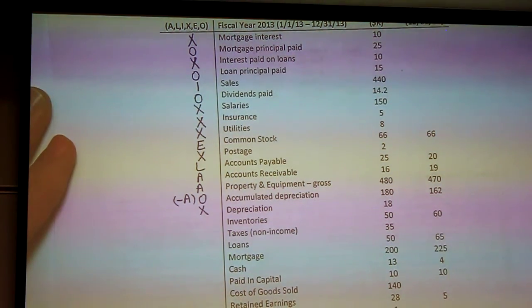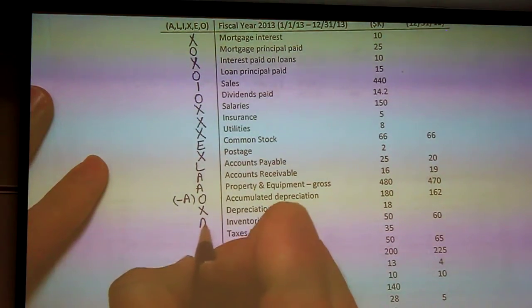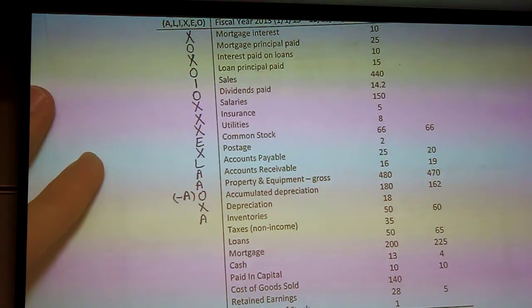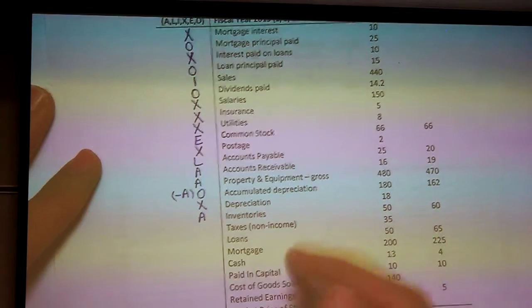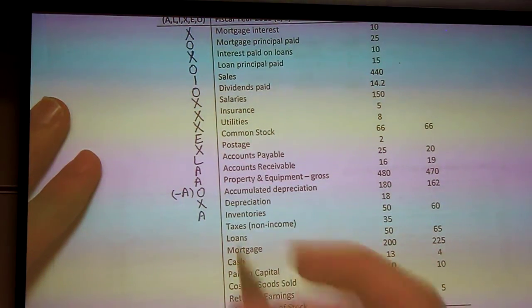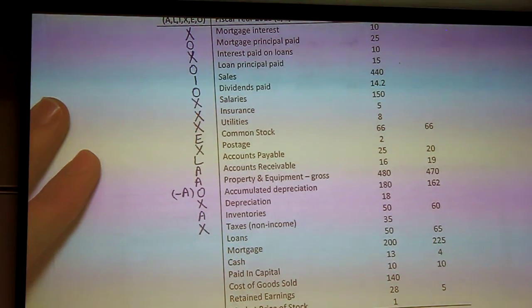Inventories. A, asset. Long term, short term? Short, I would say. Short term. Taxes, non-income. Expense, such as property tax.